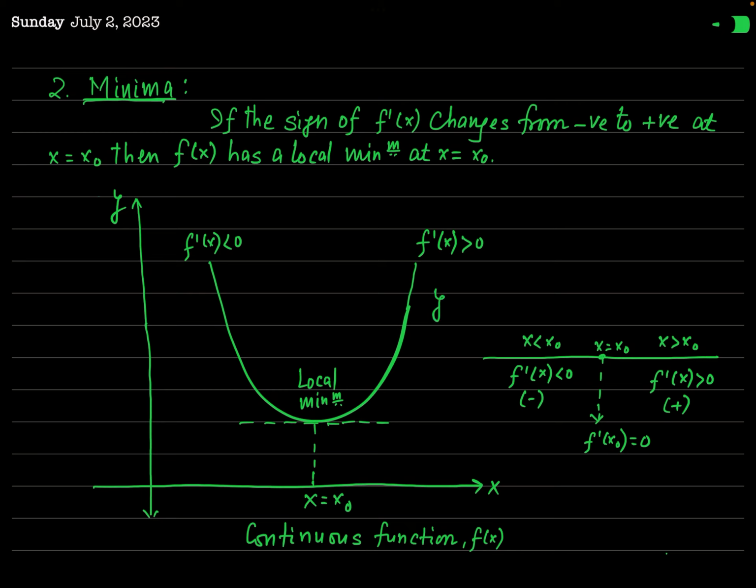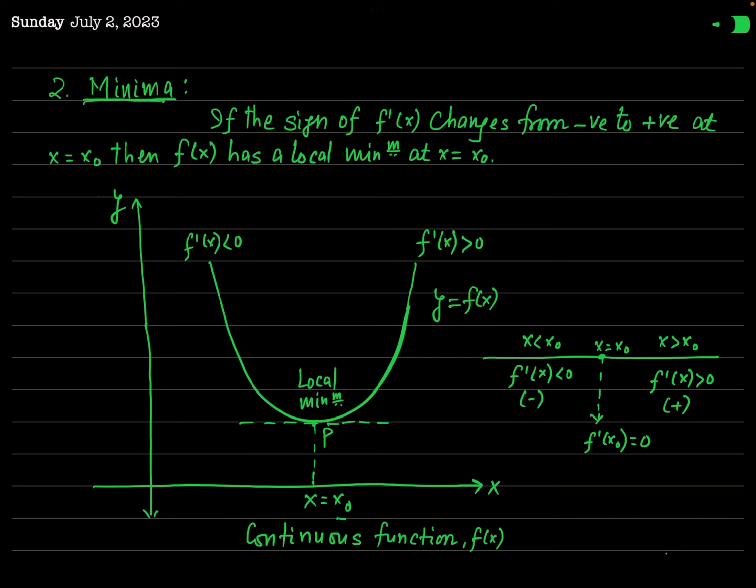I have again plotted a function y equal to f of x here. As is evident from this figure, corresponding to this point P, for which x is equal to x naught, the function has a local minimum value.